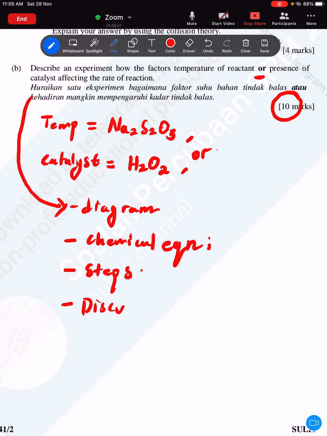Those are the steps that need to be put there. H2O2 is hydrogen peroxide. Okay, done? I'm going to teach you step by step how to do this. Don't worry. But this is the framework. Definitely this will be the framework.